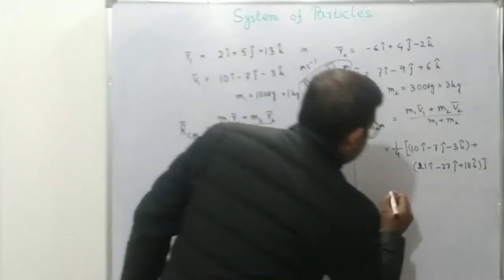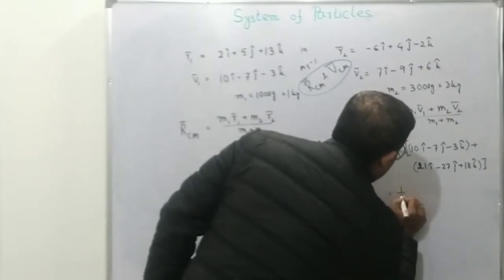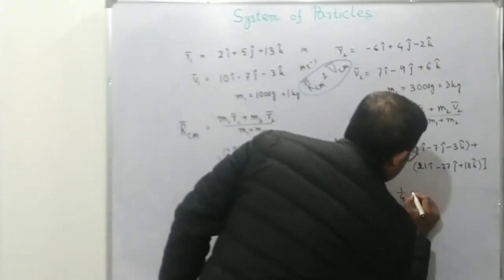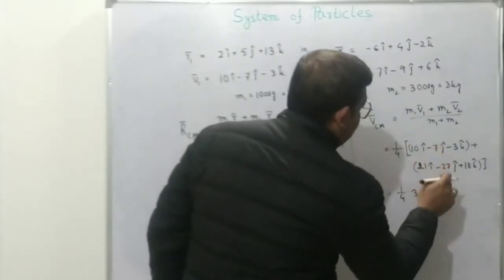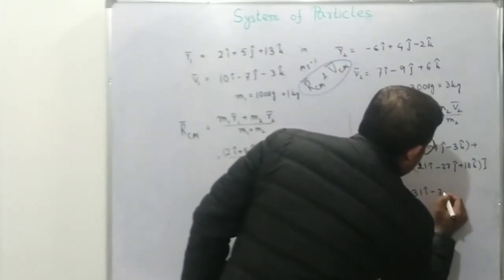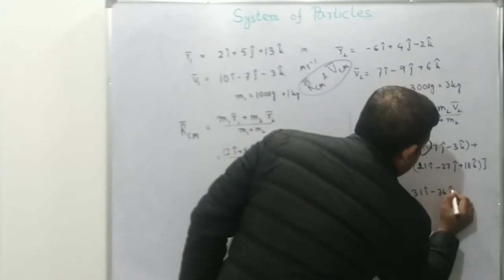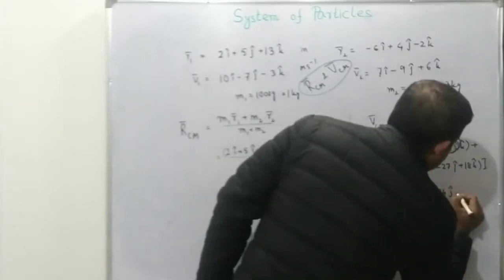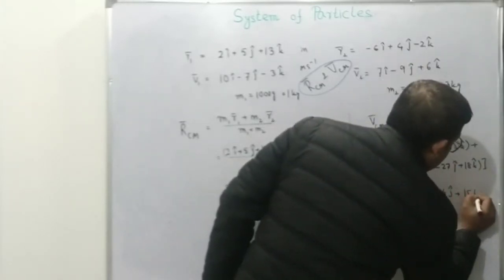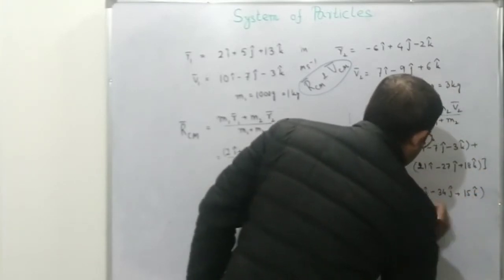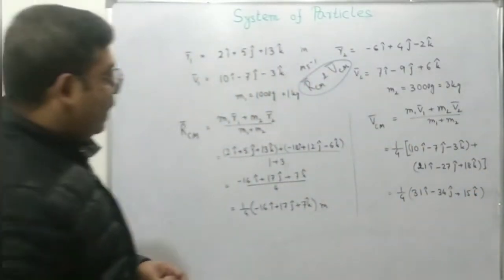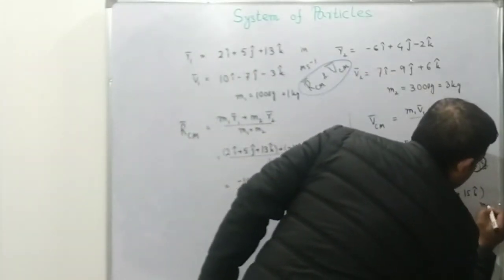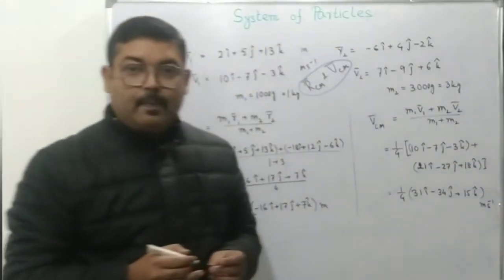If you simplify, we get 1/4 of 10 plus 21, that is 31 i cap, minus and minus, so it's minus 34 j cap, and this is plus 15 k cap. Fine. And this will be given in meter per second.